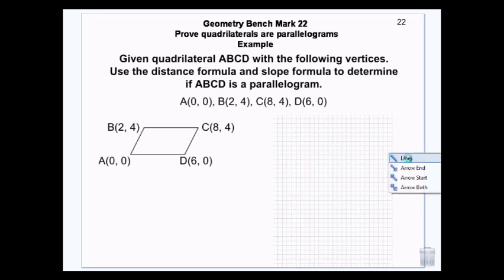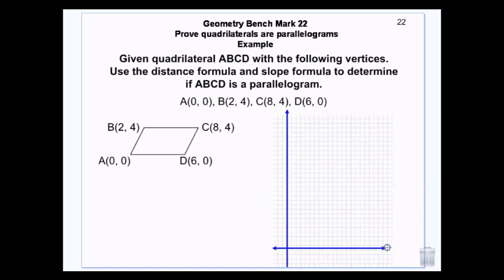Do you see how they're all positive? They won't always be positive, but since they are, I don't need much in the way of negatives, so I can put my coordinates over here. I'm going to make every 2 lines equal 1 because they're very small and it's hard to see.